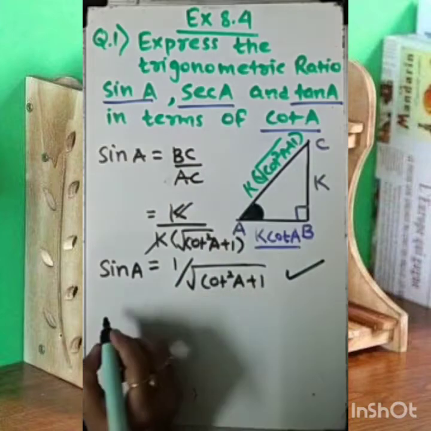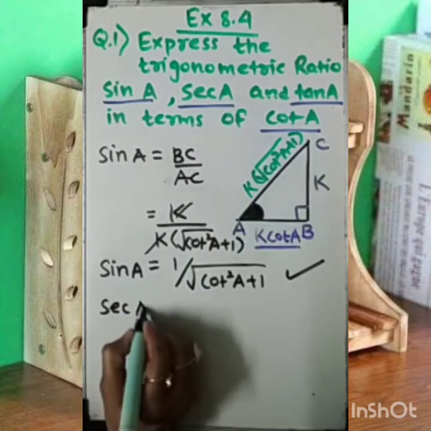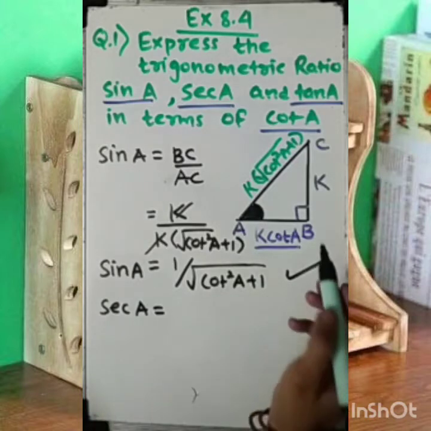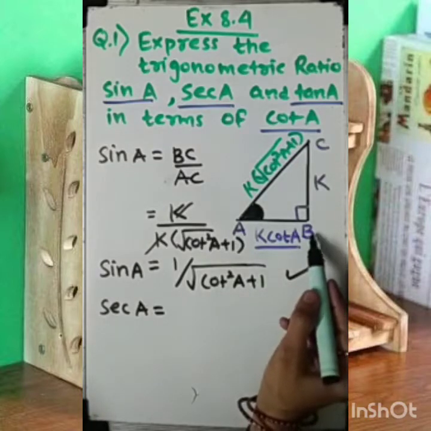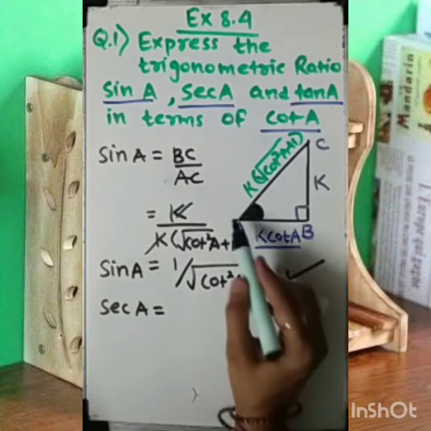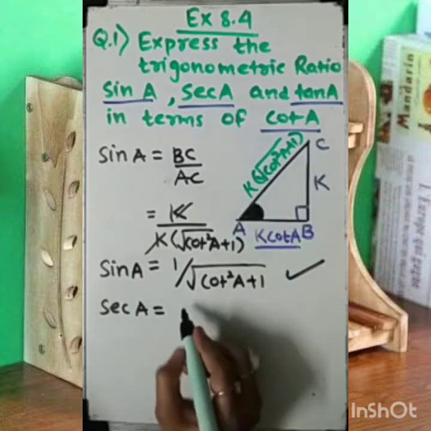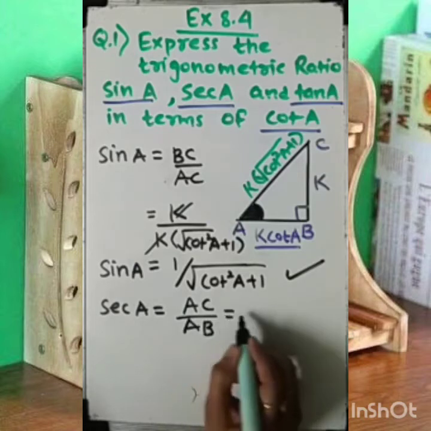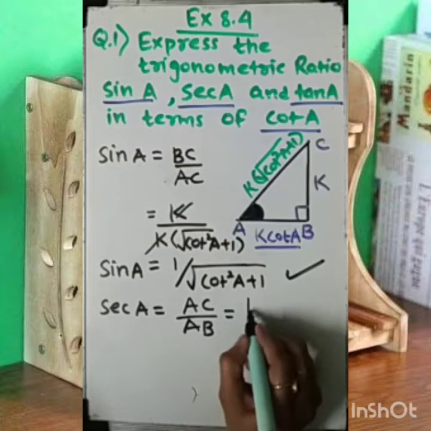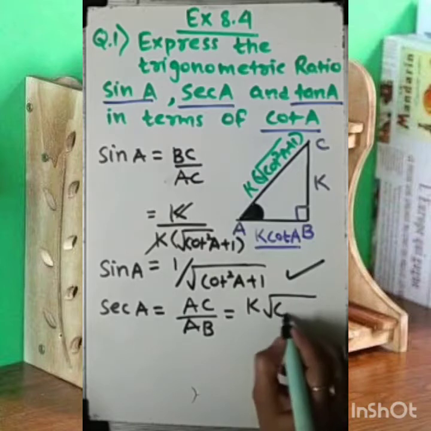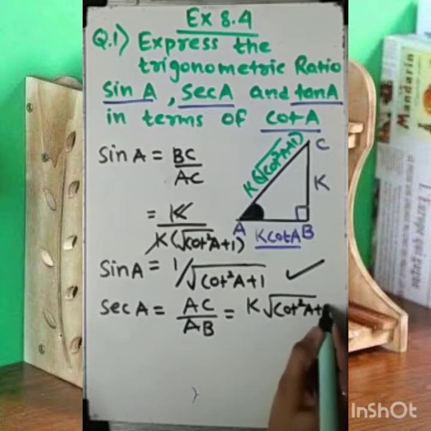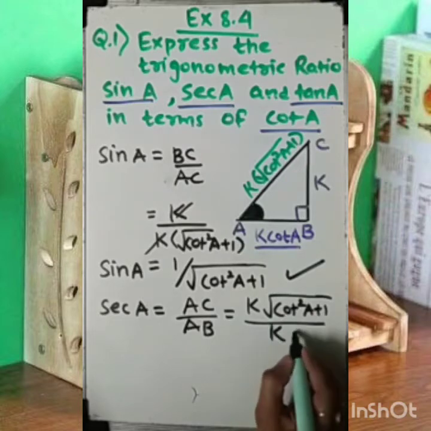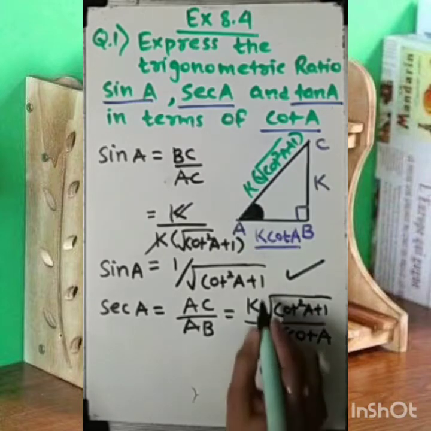Now sec A, you know very well dear students, sec is the inverse of cos. As we know that cos means we need to write here AB upon AC, but sec is inverse of it, so AC upon AB. Correct? So AC according to this, K square root of cot square A plus 1 should be there upon K cot A. So again I can say K K cancel.